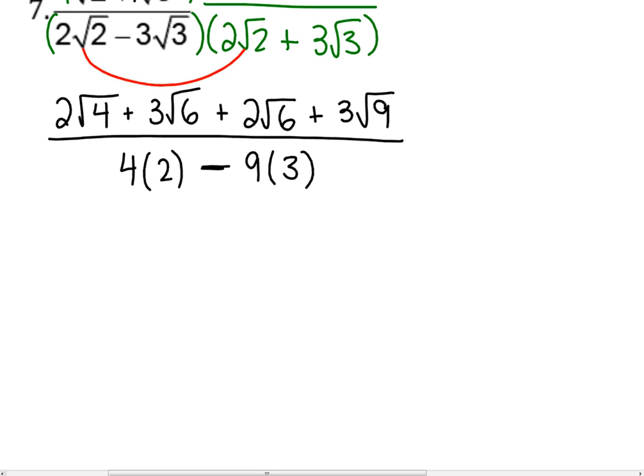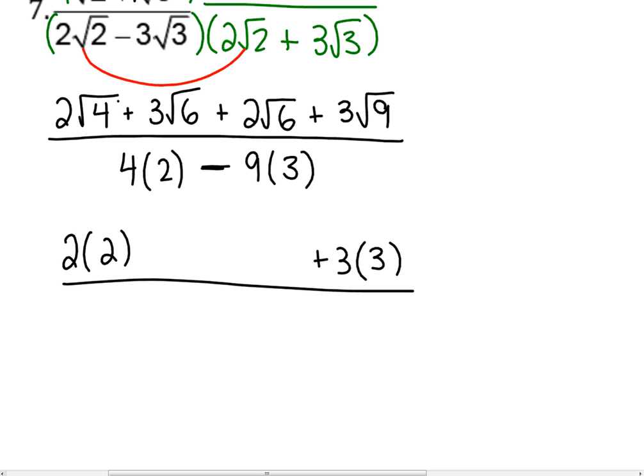So on the numerator, we can simplify a bunch of stuff. The first thing is 2 root 4. Because what is the square root of 4? It's just 2. What else can we simplify? The 9. So we have 3 times, what's root 9? 3. What else can we simplify in the numerator? The root 6's. 3 root 6 and 2 root 6. 5 root 6.